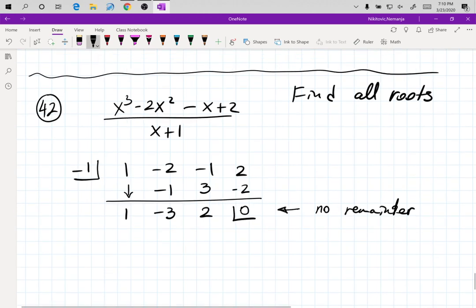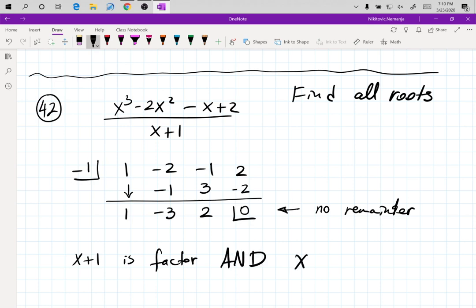Which means that x plus 1 is a factor by the theorem we just covered, and x equals -1 is a root, which is one of the roots.